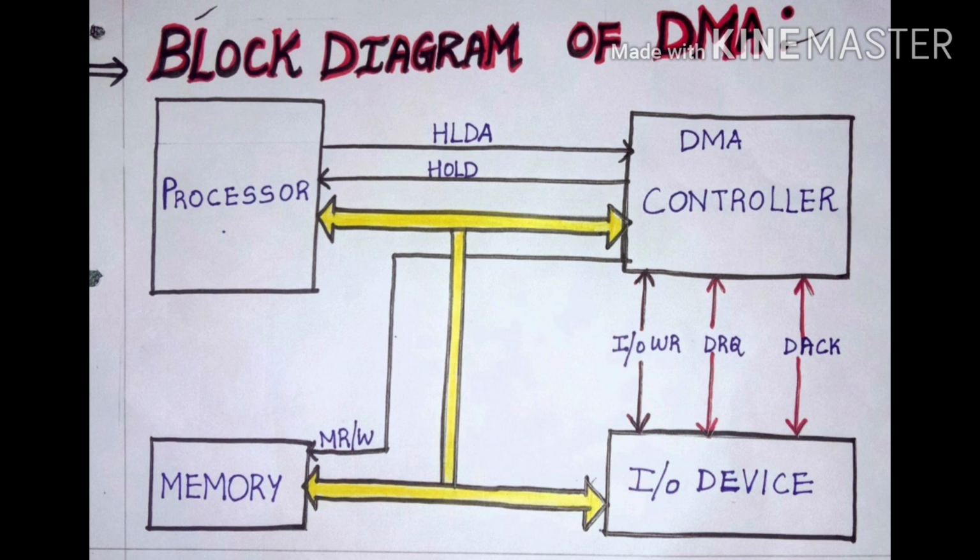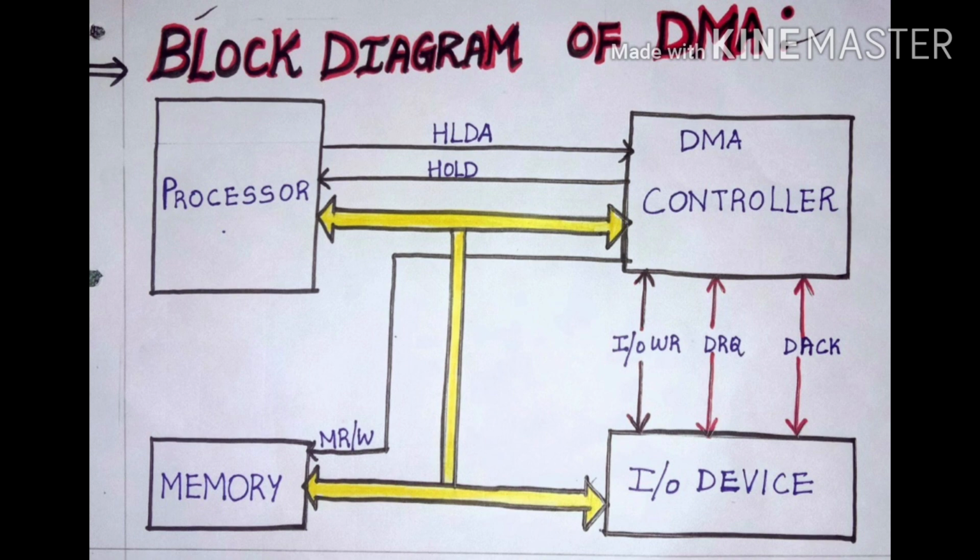DACK: when the input output device sends a request, it acknowledges, and then this pin will activate. MRW, on the memory side, means memory read or memory write. Data can be read from memory or data can be written in memory. Then this pin will be activated. Now we have seen the block diagram of DMA.